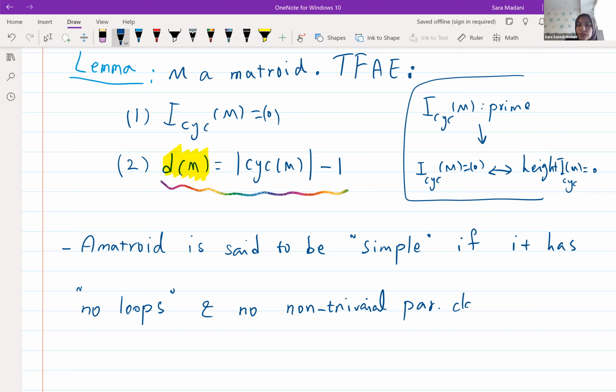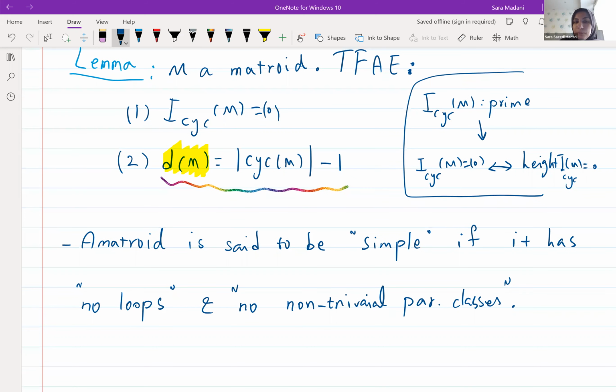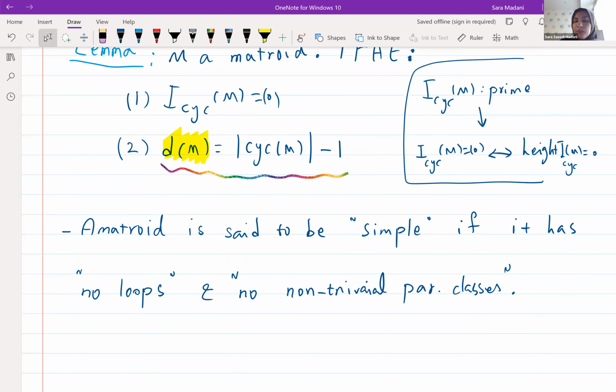If you remember from yesterday, trivial parallel classes were those which are just singletons. And we had an example with this property, and that's why one of the participants asked this good question. So simple means no loops, no non-trivial parallel classes. It means that all parallel classes are just singletons.